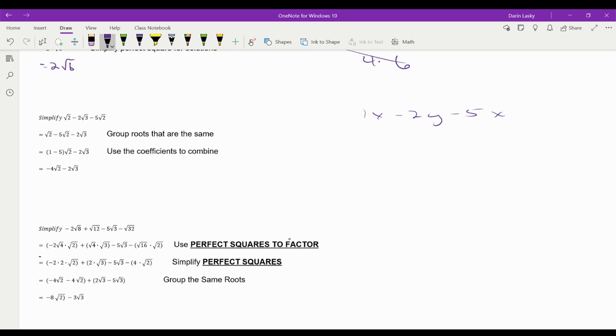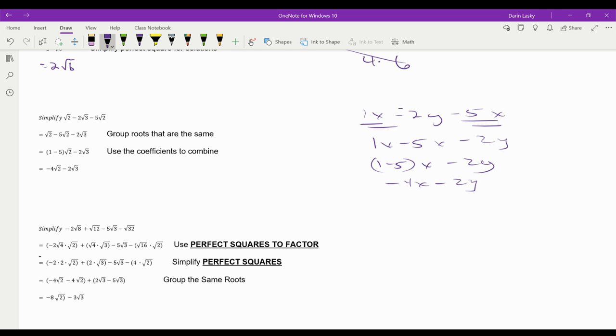I would combine my like terms: 1x minus 5x minus 2y, and then I would go 1 minus 5x minus 2y, and so then I'd get negative 4x minus 2y.